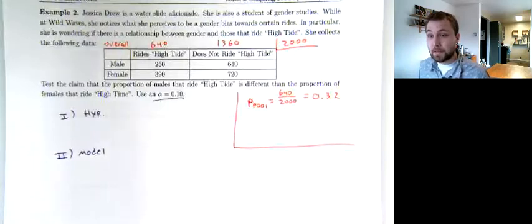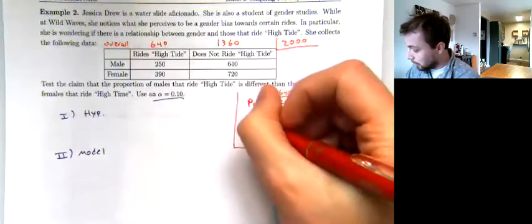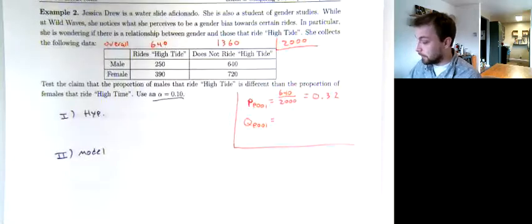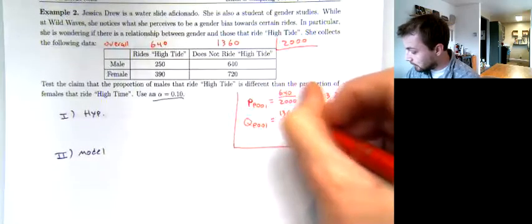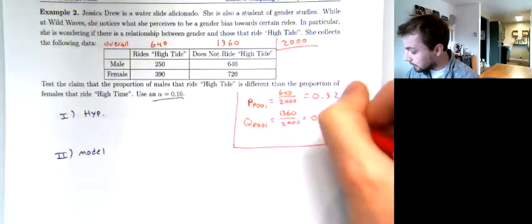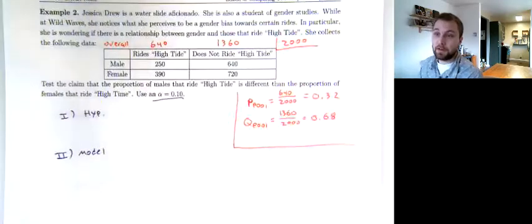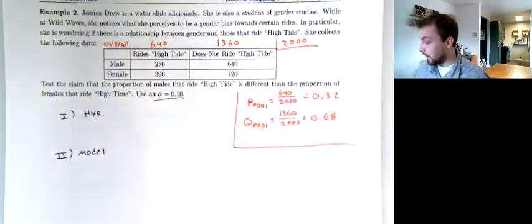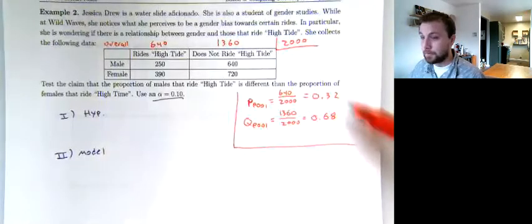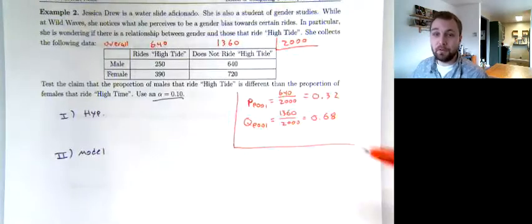That's what we're testing. For now, I'm assuming that they're the same, and I can just clump it into 32. If 32% rode the ride, that tells me the remaining 1,360 out of 2,000, or 68%, did not ride the ride. Reminder, these two things are opposites or complements of each other. So 32 and 68, this adds up to 100% for me.